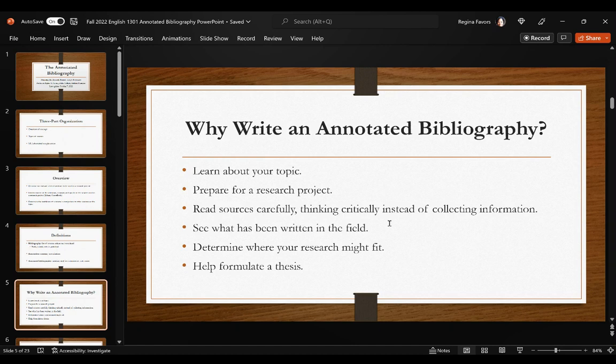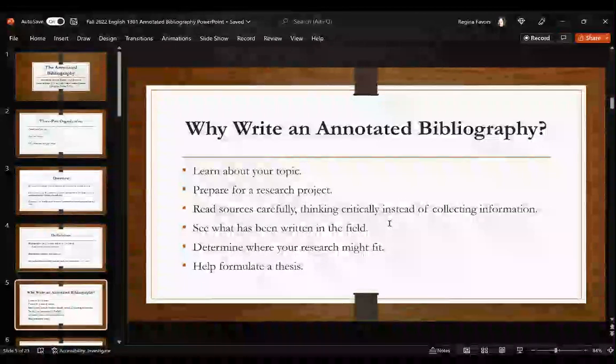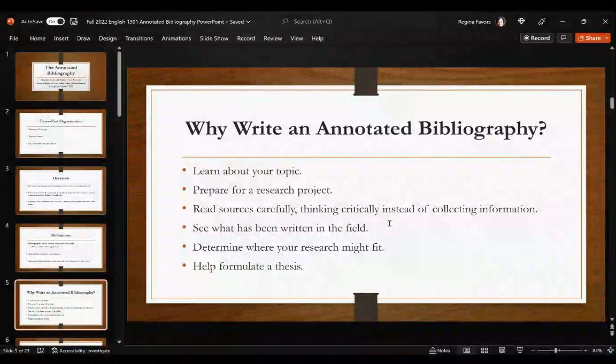Also, you want to see what has been written in the field. Say, for instance, you are researching a scholarly topic and the canon for the topic is, say, 25 years. Do you want to bring in your research and review and critically think about the research of those 25 years? Or do you want to become the 26th year scholar, right?